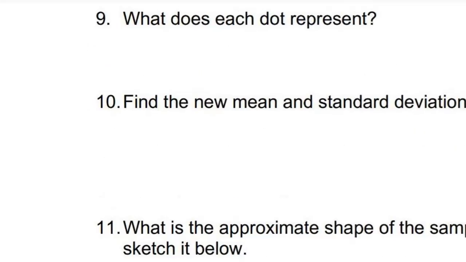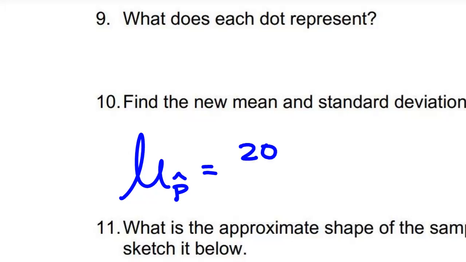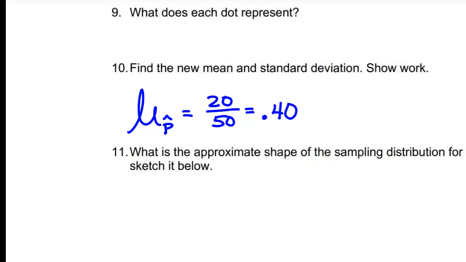So let's try the same thing here. Mu for p hat is equal to my old mean divided by 50, which is just how much? 0.4, or 0.40, depending on how you want to write that.